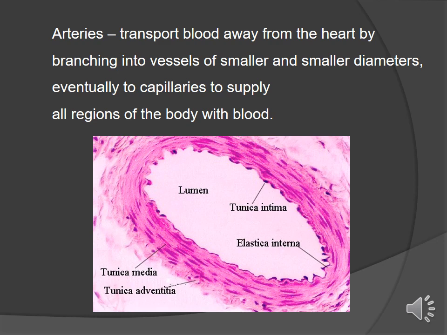The arterial system contains large, medium, and small arteries and arterioles. This system conducts blood from the ventricles to the capillary networks under higher pressure than veins.